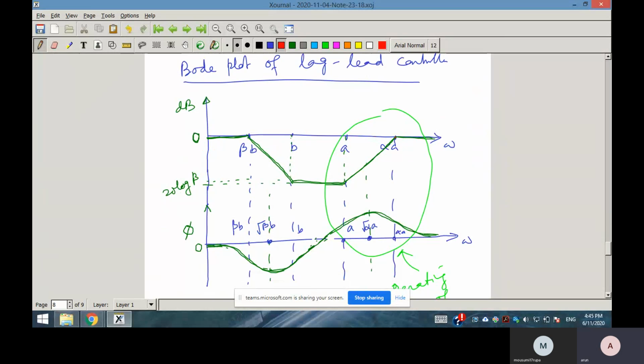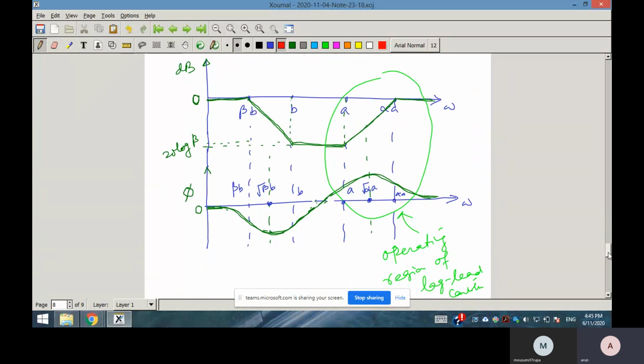Otherwise the magnitude would have been a little bit more. But this is not the reason why we are considering alpha beta equal to 1. The reason, as I said in the last class, is to simplify the design procedure that we will be seeing now.